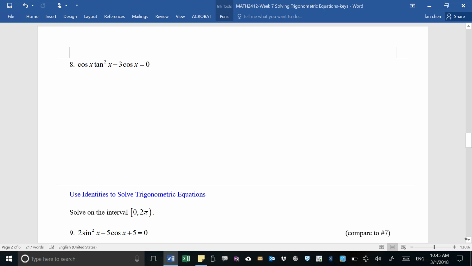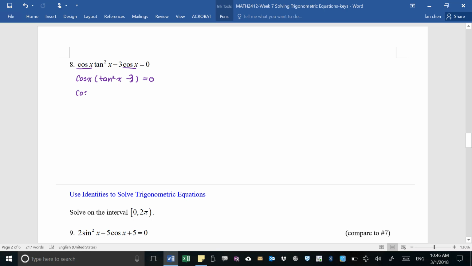Well, similar idea. You can replace u by cosine x and v by cotangent x, or you can just take a look here. Cosine x and cosine x, they are common factors, so we can factor it out. So that's cosine x times tangent squared x minus 1 equals 0. Or minus 3. Caught my own mistake. So from here you have two factors.